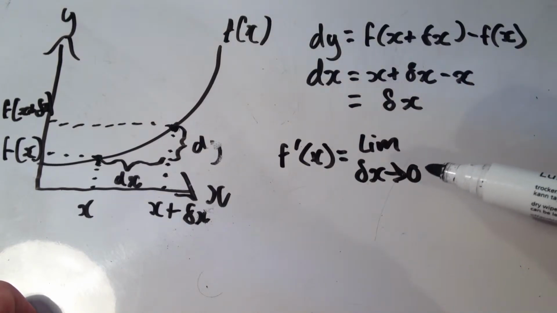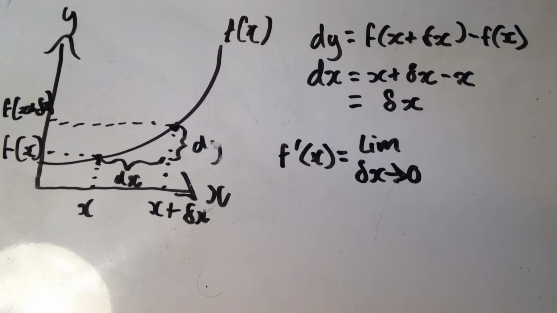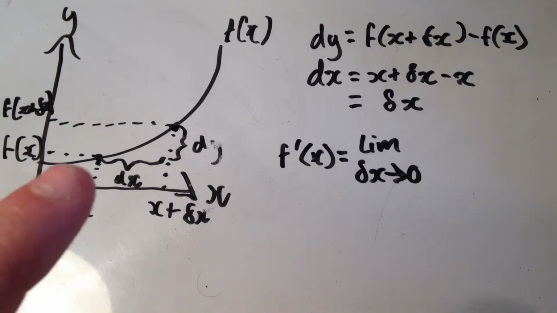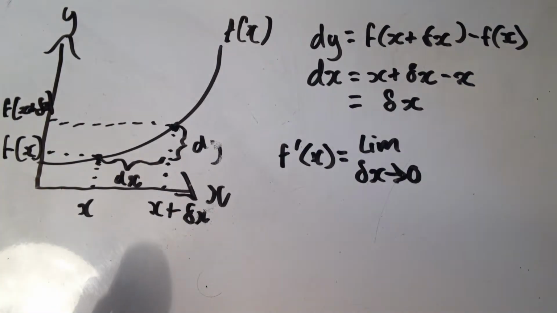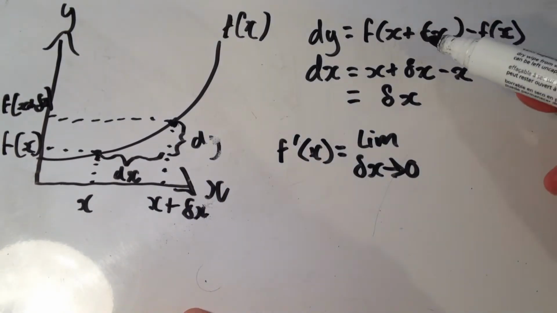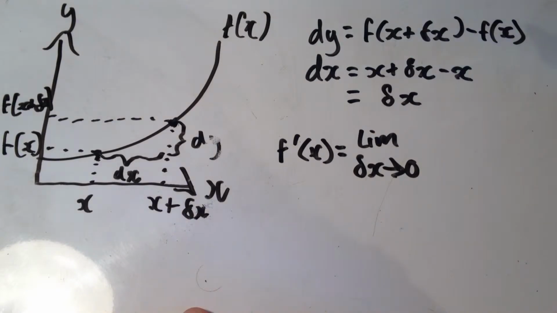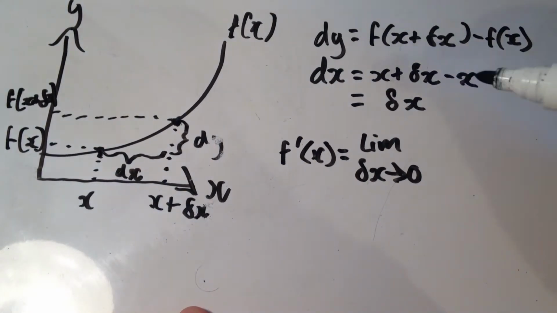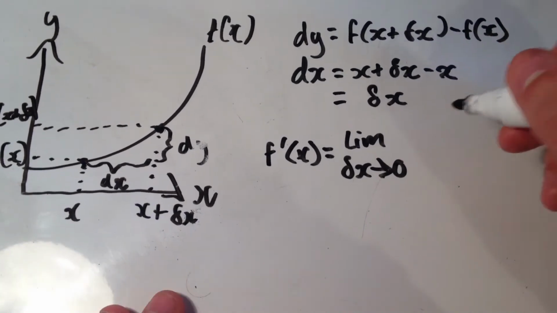And this just means that eventually dx should become 0, and we will end up with the gradient. But we shouldn't do that yet, as it would completely mess up what we're doing. You'd end up with dx on the bottom. We'll find out as time goes on why it would mess up.